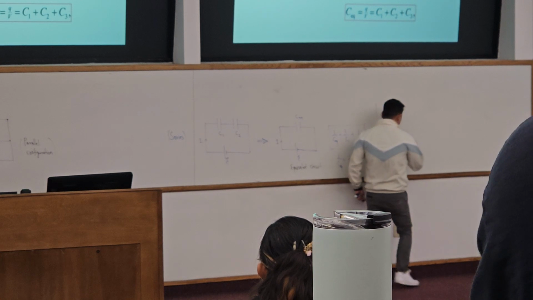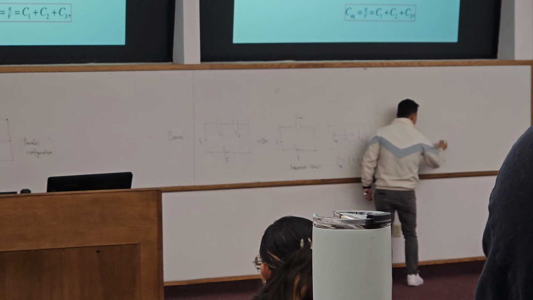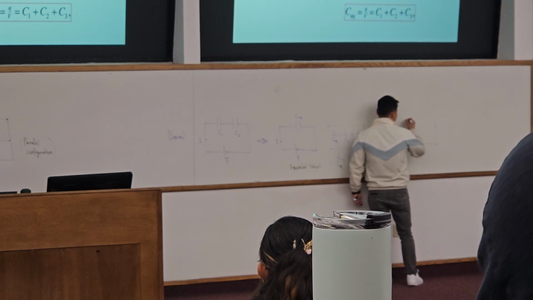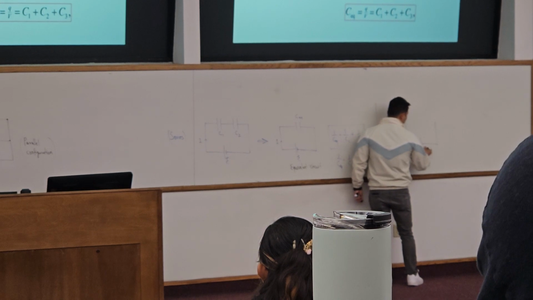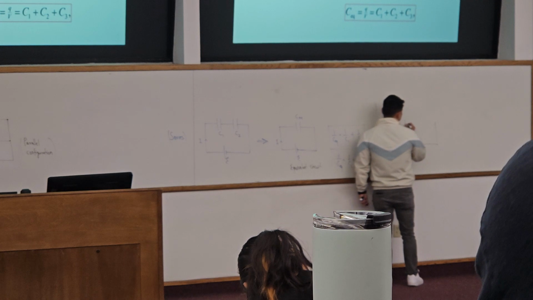So you have a battery and you have capacitors. The battery provides the current, it's a power source, okay? Without a battery, there's no electrical circuit.